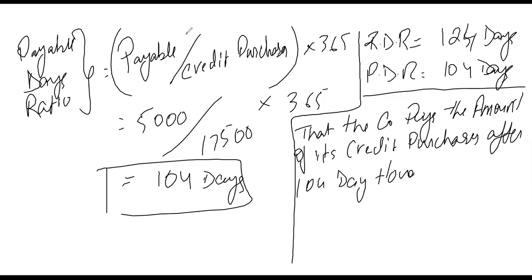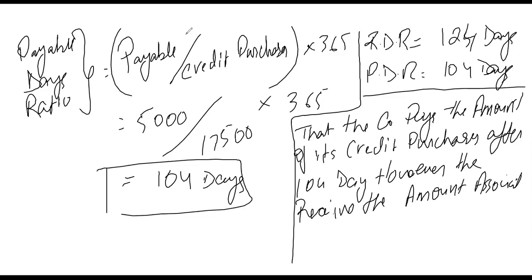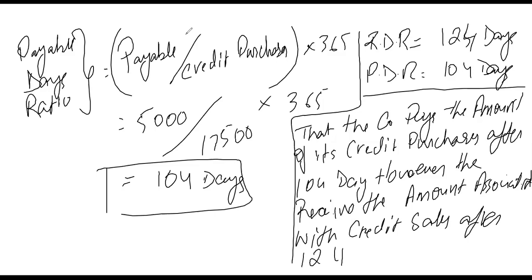However, they receive the amount associated with credit sales after 124 days. So it's a struggling situation for the company.